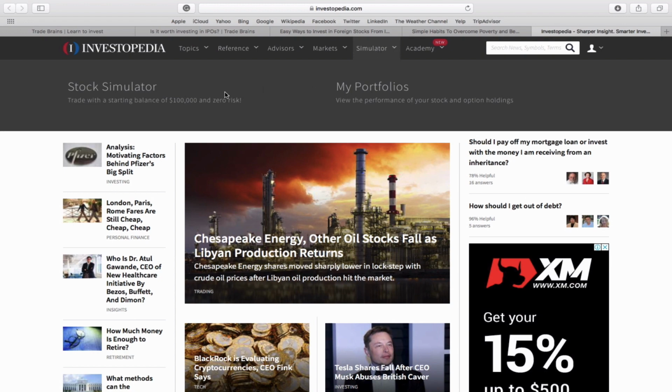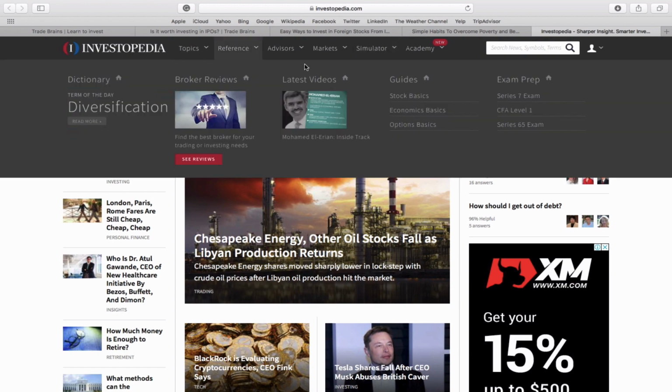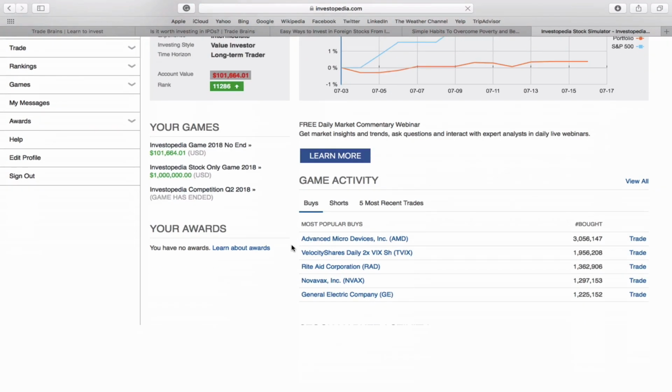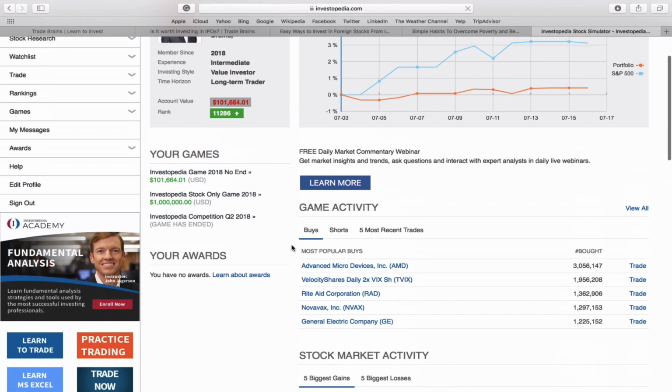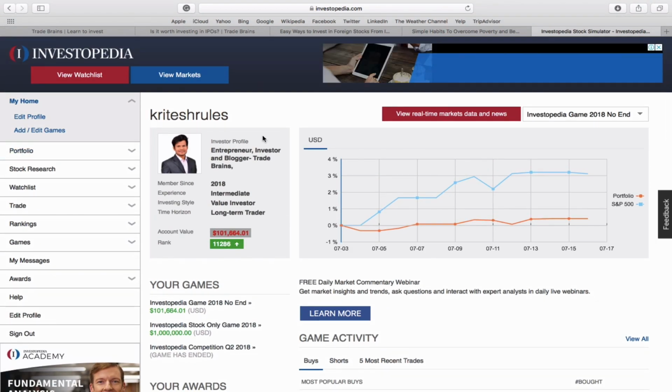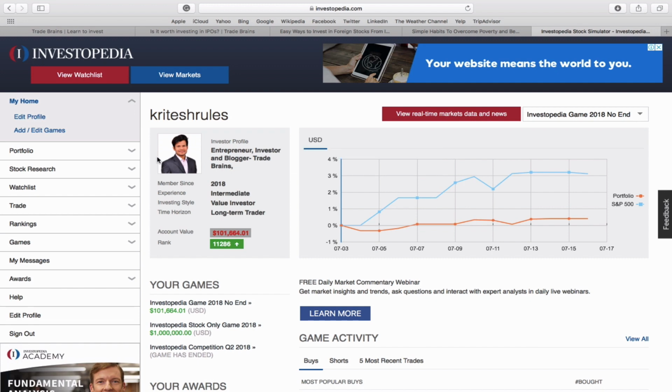This is a very simple simulator. You just go and create your account and go to simulator, click on simulator, and here you can create a portfolio and you can buy and sell foreign stocks. Now I'm not active on this one, I'm just using this to show you how to do it.